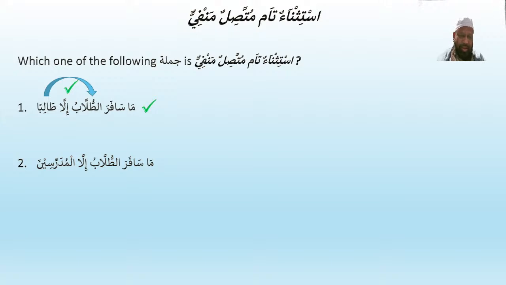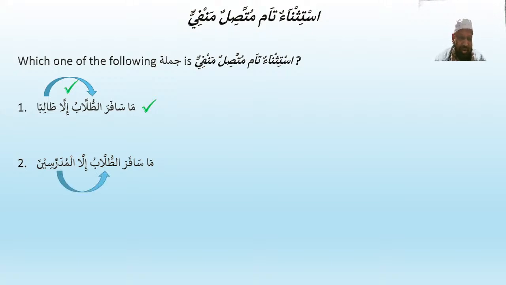Let's analyze again. Is the istisna tam? Are all three present? Illa, yes, harful istisna. After illa is al-mustasna. Before illa is mustasna minhu. So it is istisna tam. But is it muttasil? Let's see.